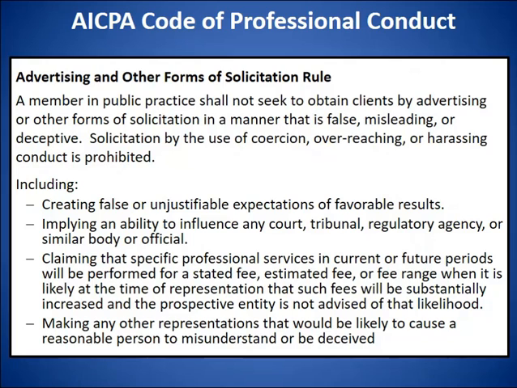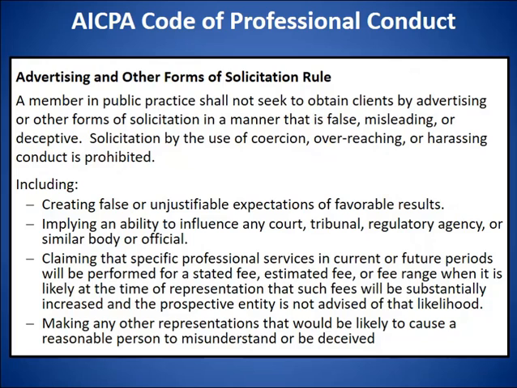Solicitation by the use of coercion, overreaching, or harassing conduct is also prohibited. Now, some examples would include creating false or unjustifiable expectations of favorable results, such as we can guarantee you a refund on your tax return.